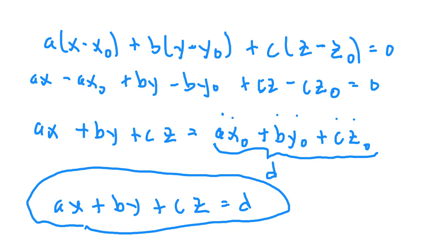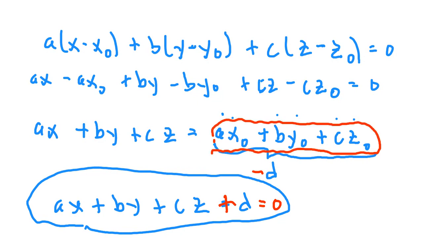Now, by the way, if you wanted to call this a times x 0 plus b times y 0 plus c times z 0 negative d, then we could add that over, and then this is probably more familiar to you, the equation of a plane, ax plus by plus cz plus d equals 0.